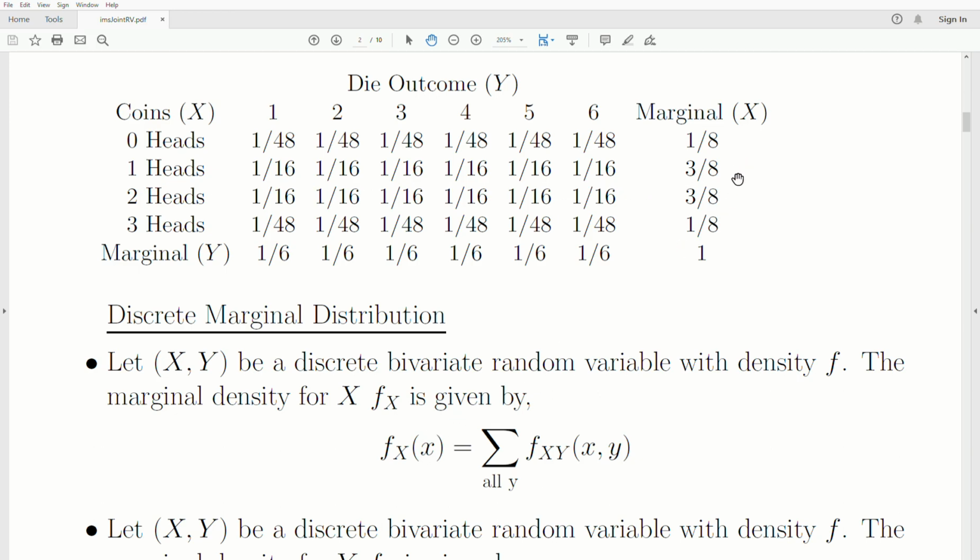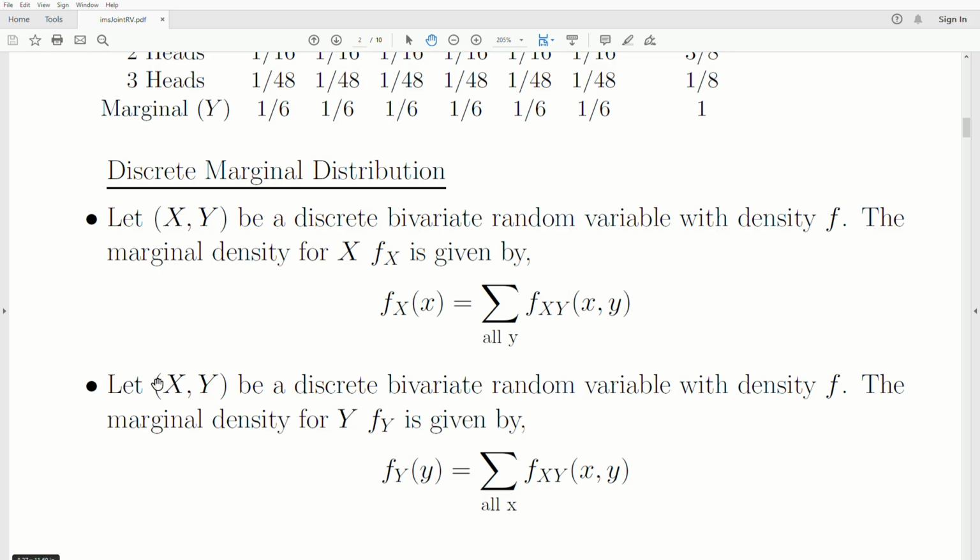And so that's the density for X when x equals 2. And it's just the opposite for the marginal density for y. Let X and Y be a discrete bivariate random variable with density f. The marginal density for y, f sub Y, is given by: you take the joint density and sum out the x's, and then that leaves the marginal density for y.